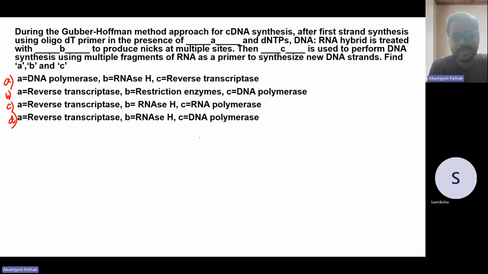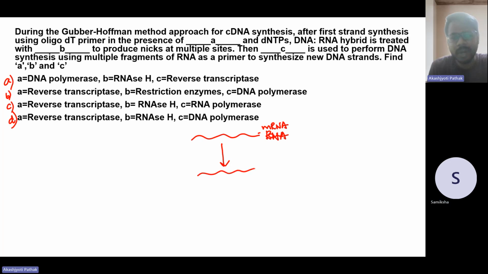So you have an mRNA, and if you synthesize DNA from that strand, that is called cDNA. What is the full form of cDNA? If you synthesize a DNA from mRNA, then that is called complementary DNA.